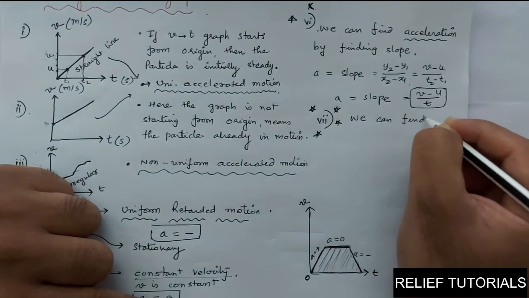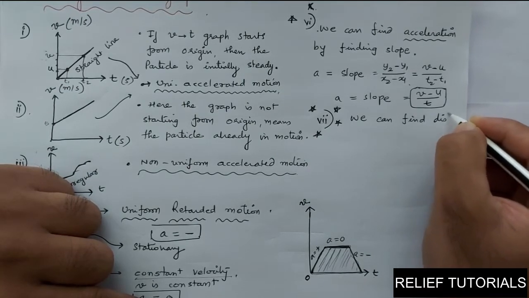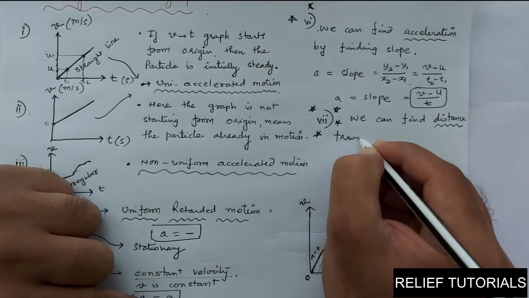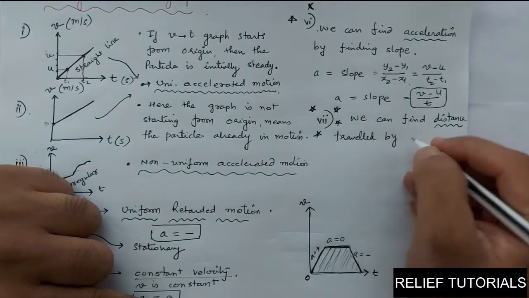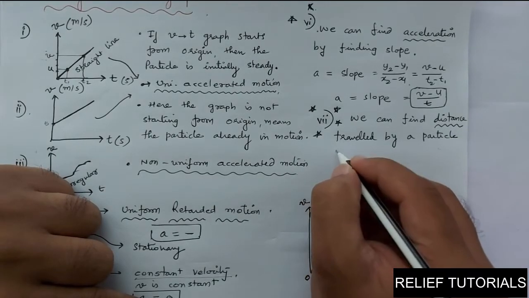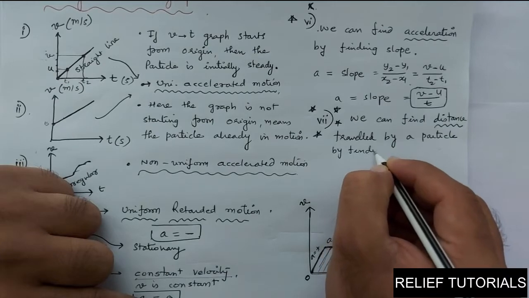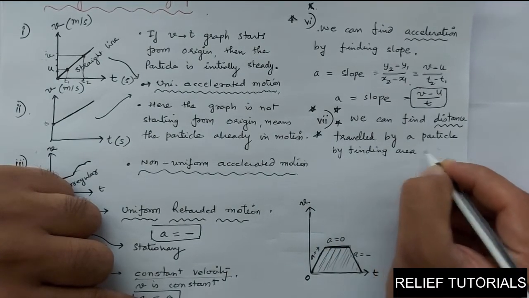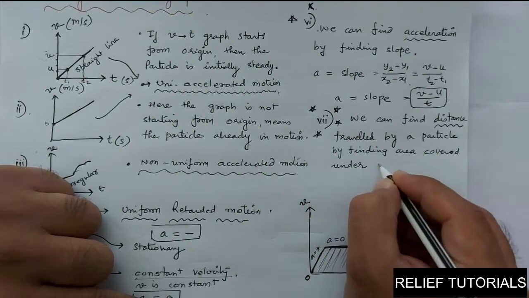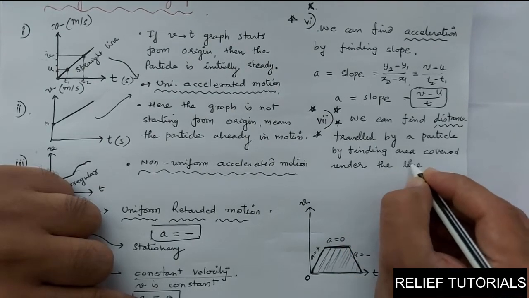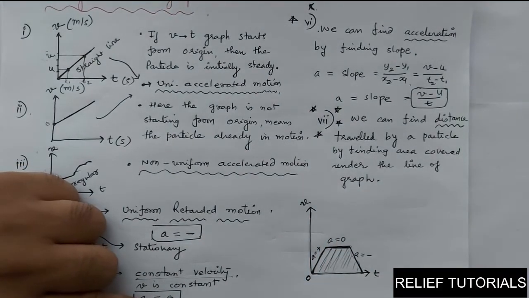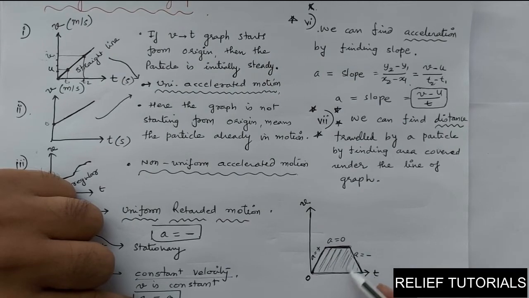We can find the distance traveled by a particle by finding the area covered under the line of the graph.